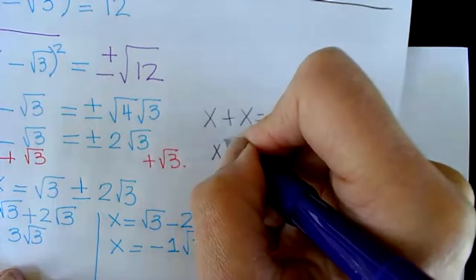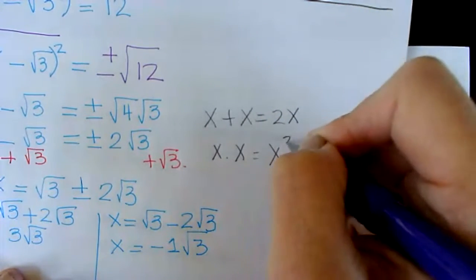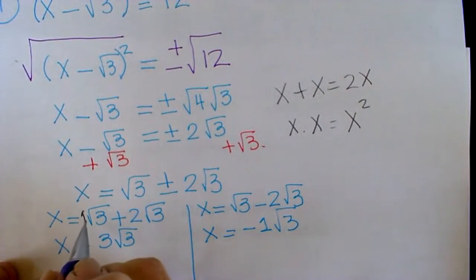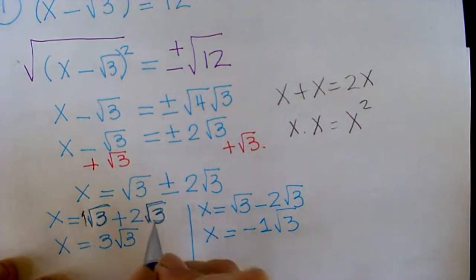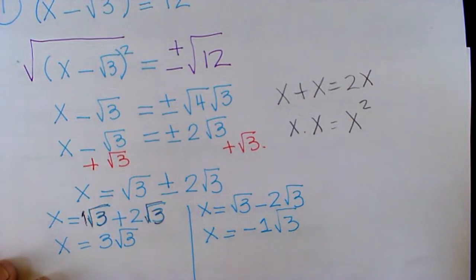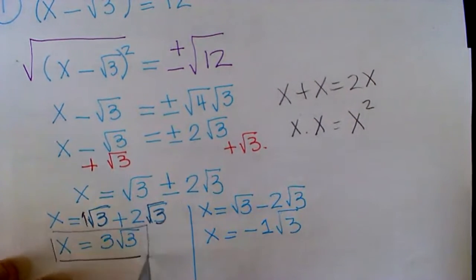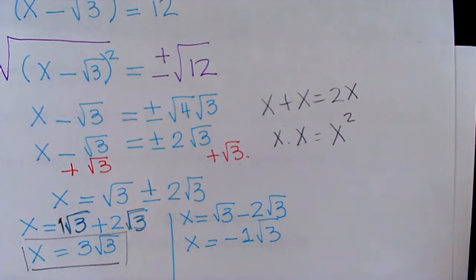Or when I have an x times x, it's different, it's x squared. So in this case, the square root needs to be the same in order for me to be able to add these two terms. So that's why I said 1 and 2. So there's 1 square root of 3 and there are 2. So the total is going to be 3. And over here, you might not need to write down the 1 there.